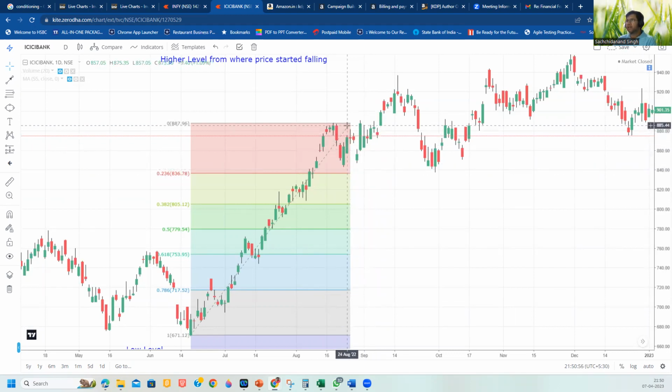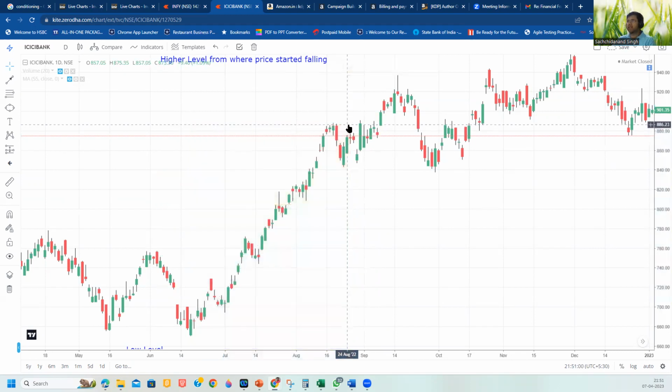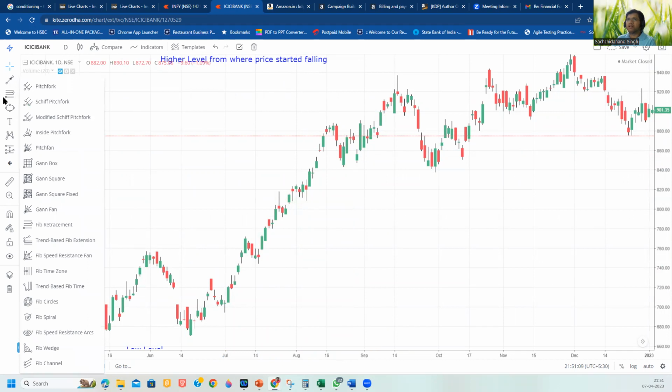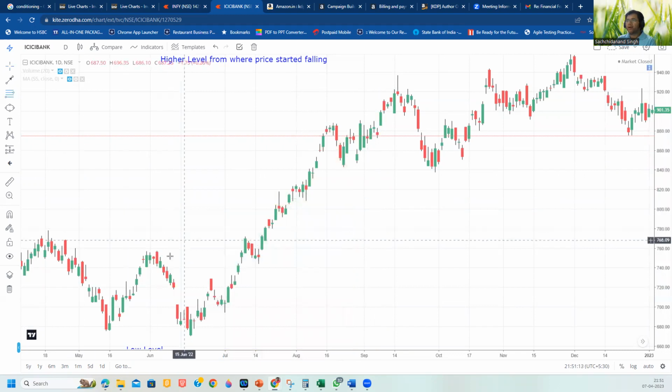Okay. If we need to take another example of a retracement in the same chart, so we can consider, I'm selecting here. Okay, so please look carefully. I'm going to the third option and selecting the tool called fib retracement. Okay.